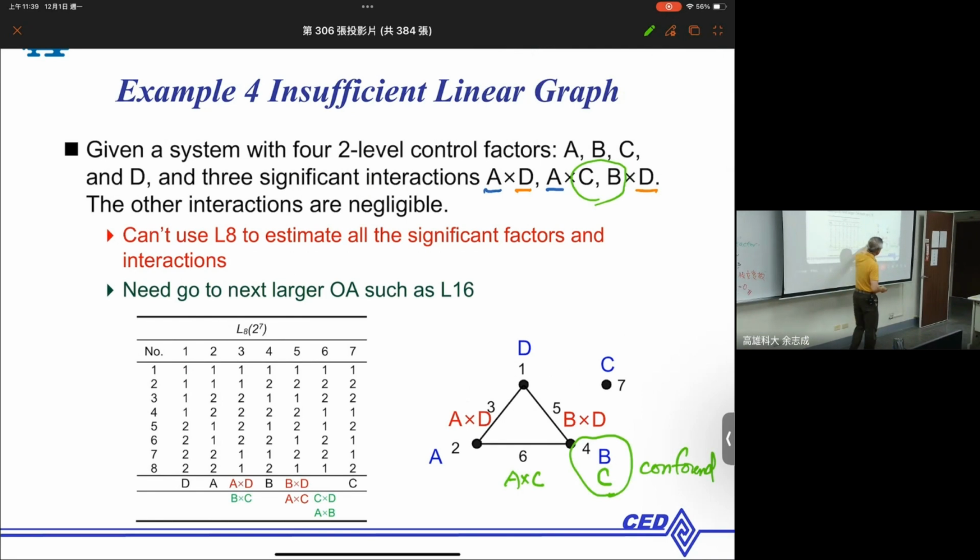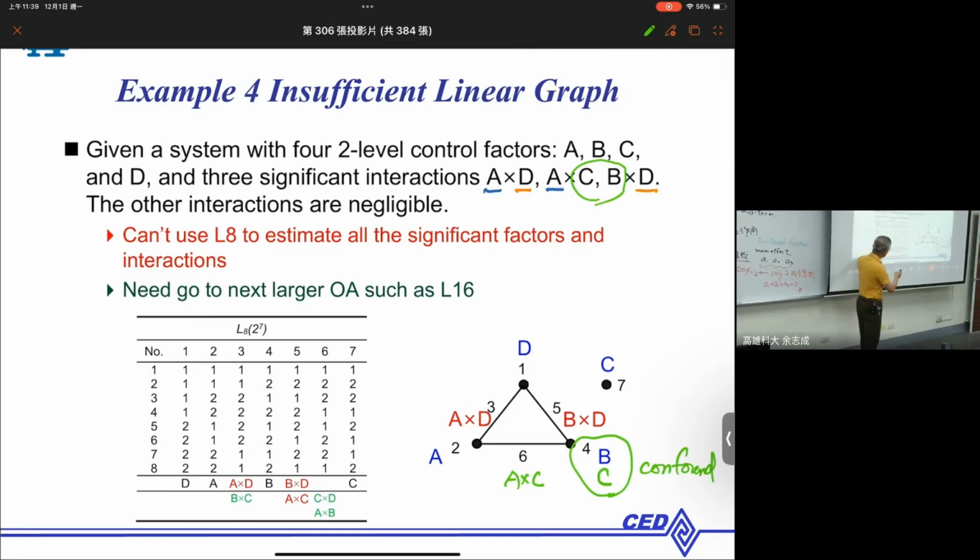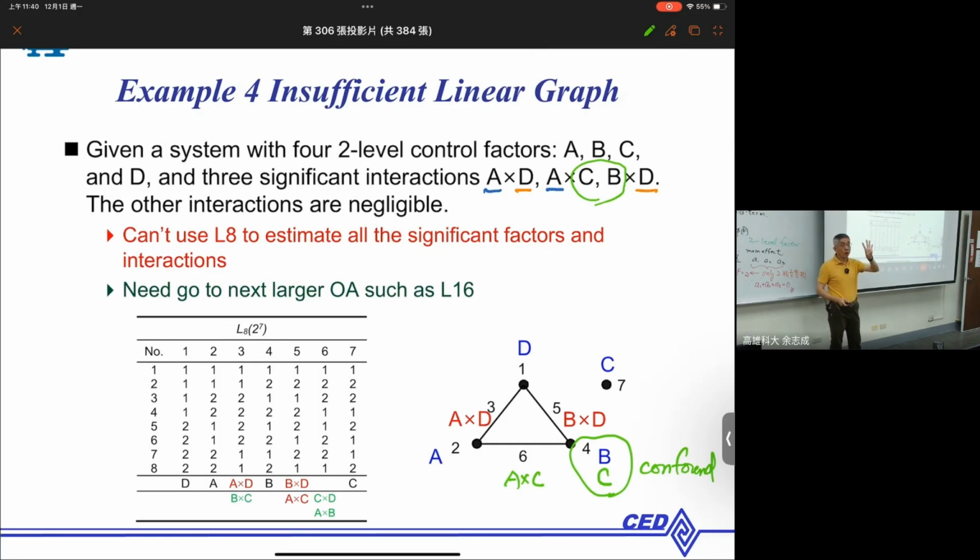Since you put C here, you cannot estimate the interaction with C. Why? Let's look at the confounding structure. D in column 1, A in column 2, B in column 4, C in column 7. If you work out the confounding structure, you can find out this is resolution 4, right?